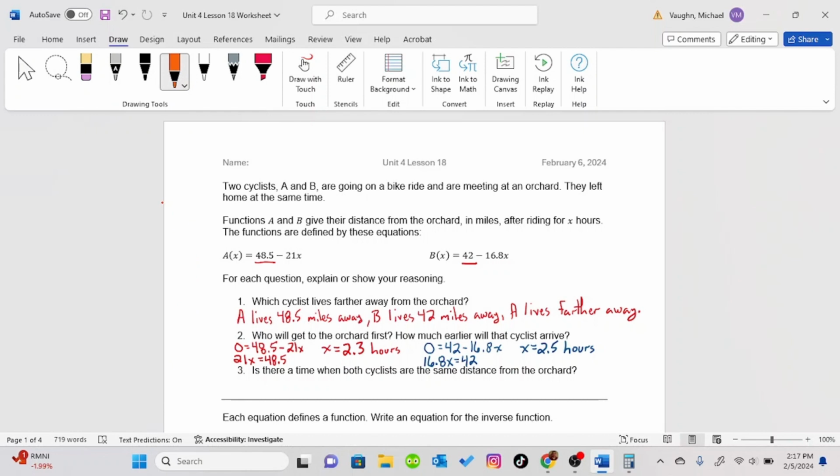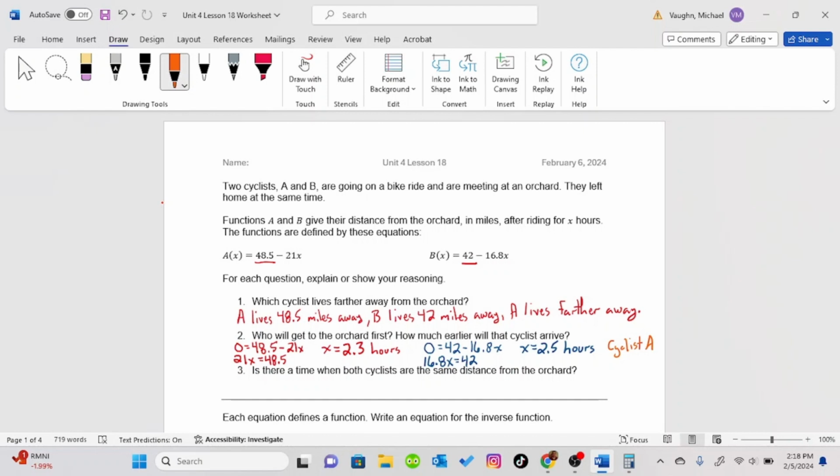So if I want to know who will get to the orchard first, cyclist A will get there in 2.3 hours, cyclist B will take 2.5 hours. So cyclist A gets there first.